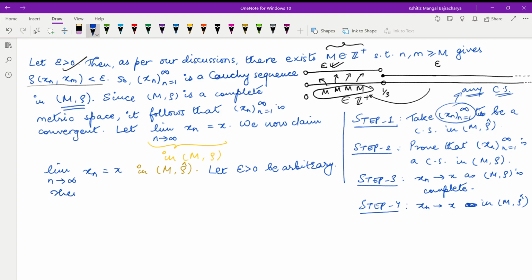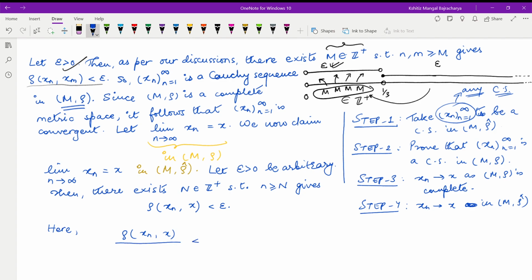Then there exists some N belonging to Z plus such that n greater or equal to N gives, since this is convergent, something like this, but I do not need rho here.